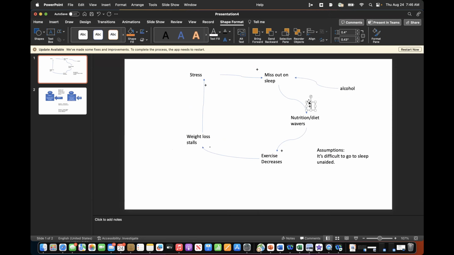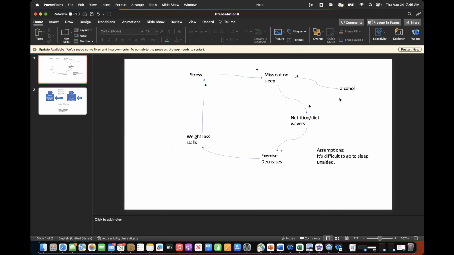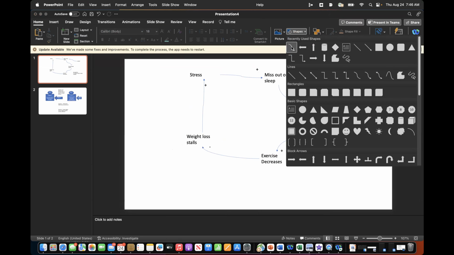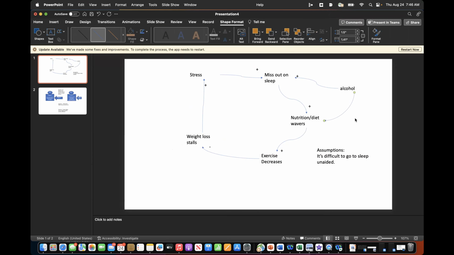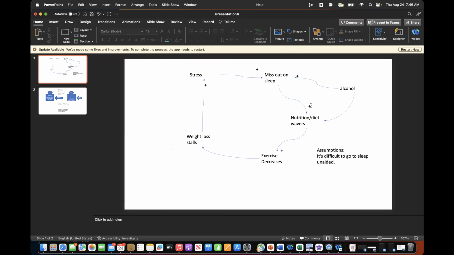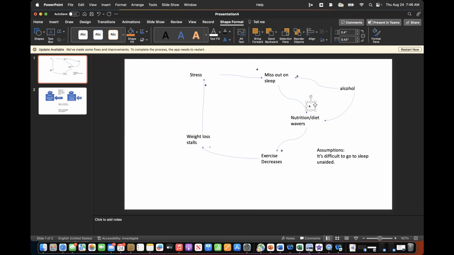So it sounds good initially, but unless you have a diagram like this where you can really examine things, you can't really see or explain to other people that it's going to have a negative effect on your nutrition. And once you see that it has a negative effect here, you've got to weigh, is this the right solution?